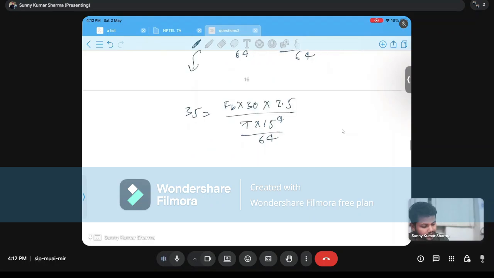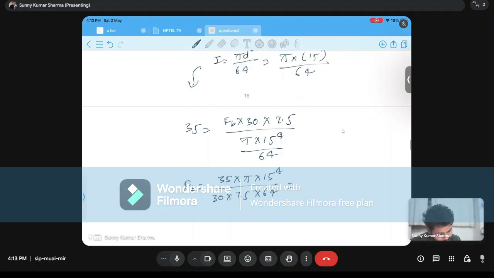So by solving this, we can get the value of FB. So FB will become 35 into I into 15 to the power 4 by 30 into 7.5 into 64. This will come in Newton.